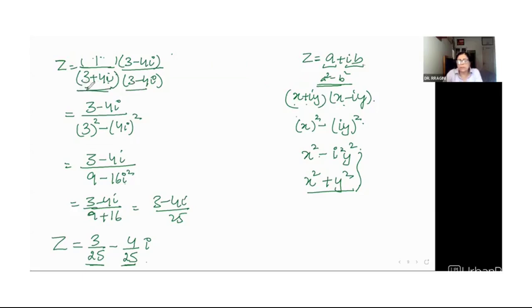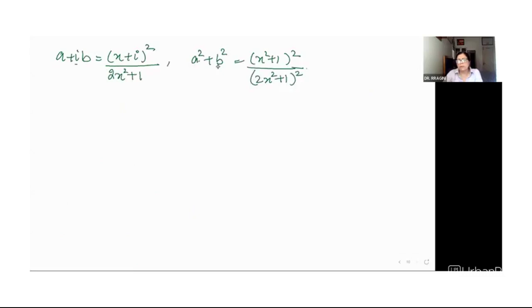When you multiply a complex number by its conjugate, you always get a square plus b square, x square plus y square, or whatever numbers they have used in this standard form of the complex number. So what you have to do is, this is given, and you need to reach this point. That means if you have a plus ib, then you need to get a minus ib.